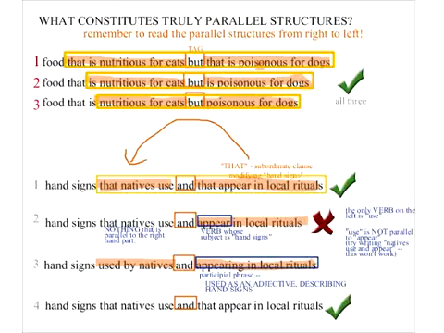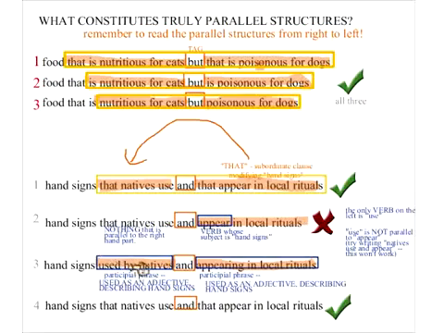Now, this is also another participial phrase. The difference is that this is what's called a past participle. But it's still a participle. And more importantly, it is still being used in the same way. It's also used as an adjective, and it's also describing hand signs.